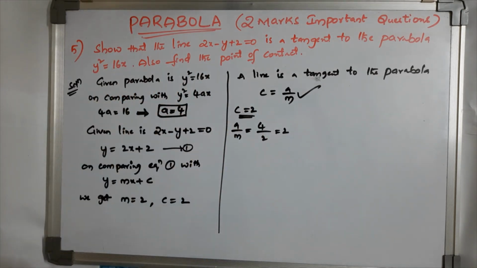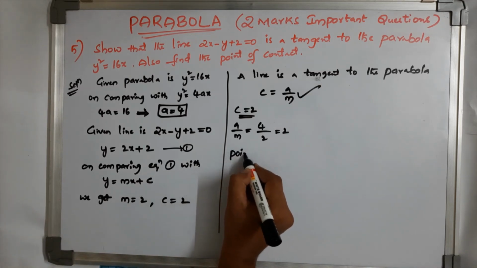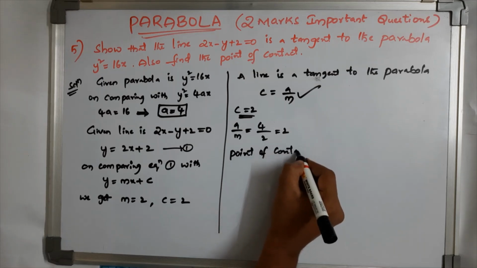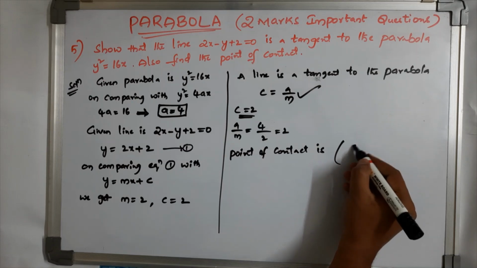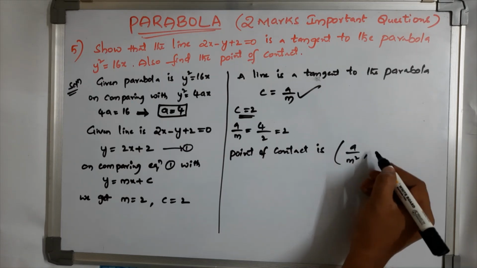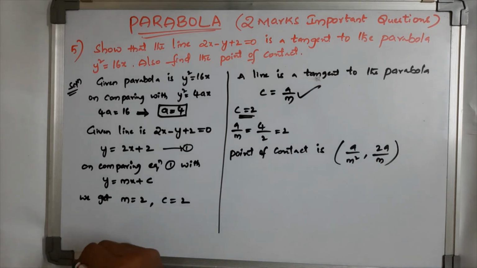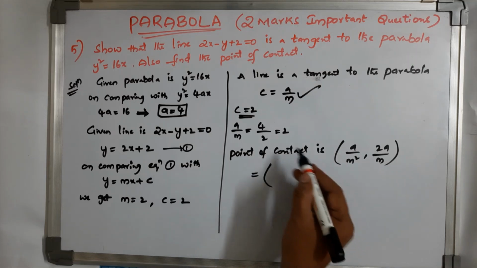Now we have to find the point of contact where the line meets the parabola y square is equal to 16x. The point of contact formula is a by m square comma 2a by m. This is the point of contact of a parabola. So substitute the values.